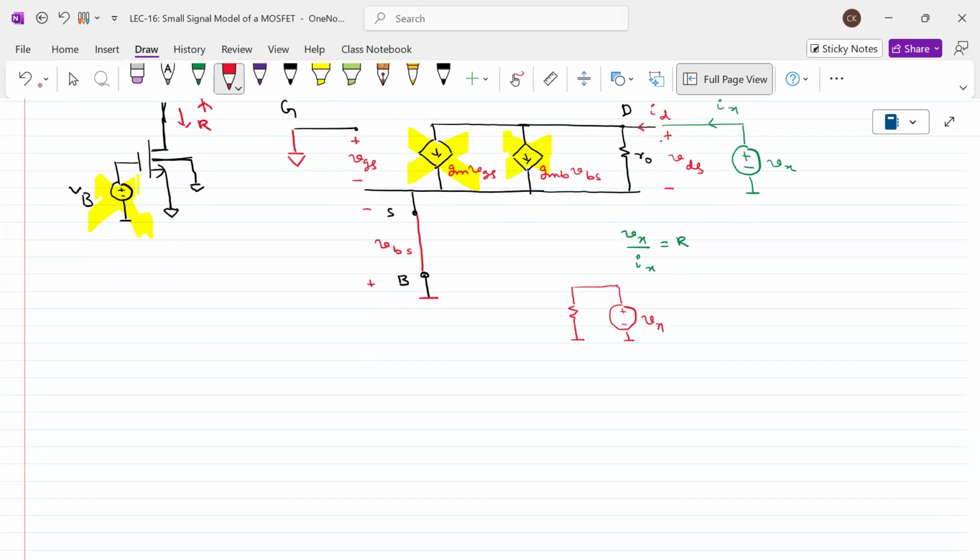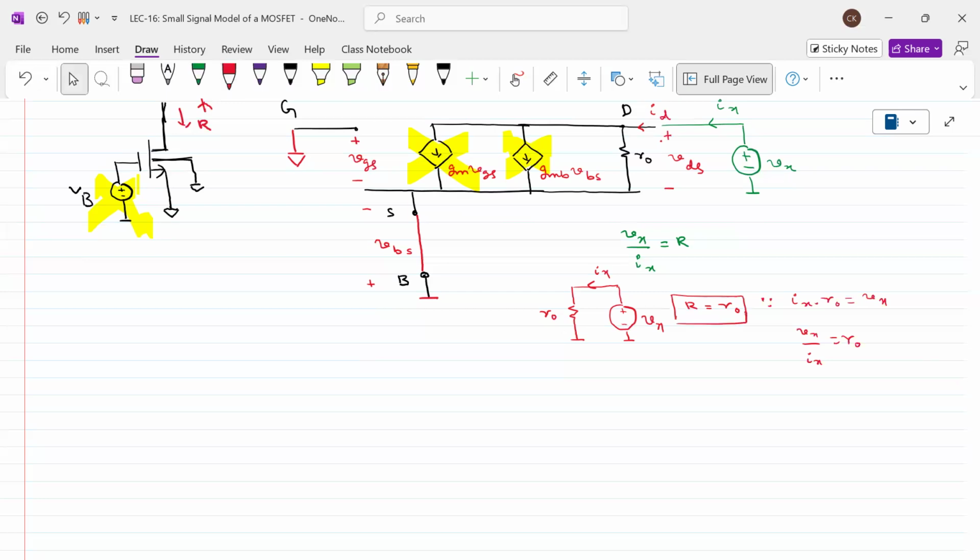Therefore, this is Ix, and here we have the resistance r0. Vx is across r0, so Ix times r0 is equal to Vx. Therefore, Vx divided by Ix is nothing but r0. Please remember this.